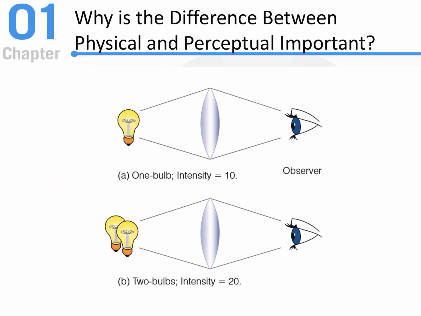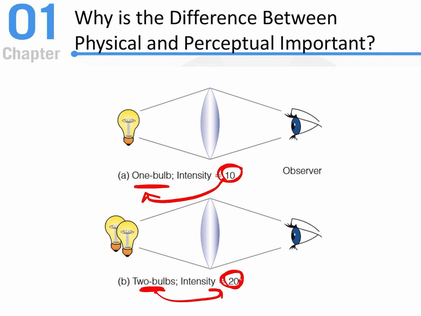Example of this is light. Okay? So you might observe one bulb being a magnitude estimation of 10. Now, you would think that if we were to use magnitude intensity by just basic math, that if you determine that one bulb is 10 intensity, that you would think that a person would judge 2 bulbs at a 20.